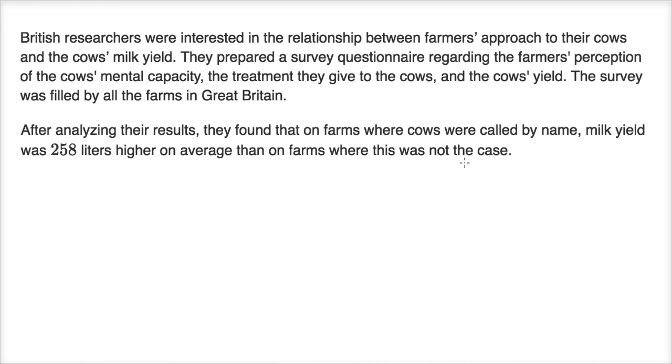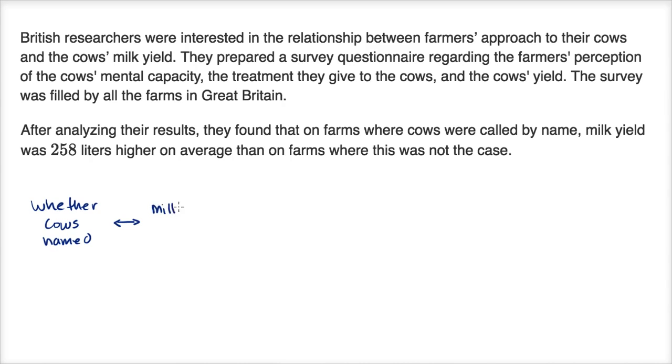All right, so they're making a connection between two variables. One was whether cows are called by name, whether cows are named, and this would be a categorical variable because for any given farmer it's going to be a yes or no that the cows are named. And they're trying to form a connection between whether the cows are named and milk yield.